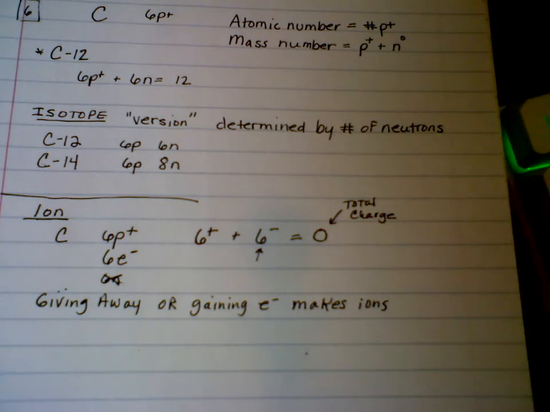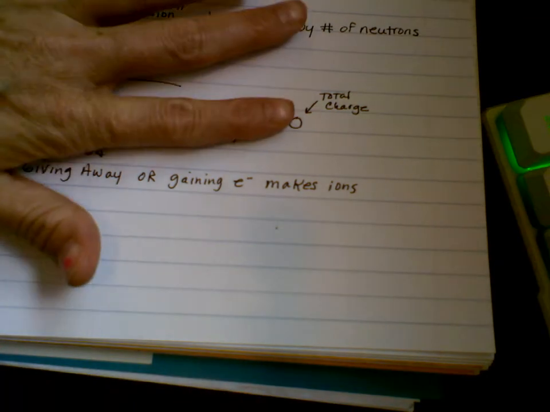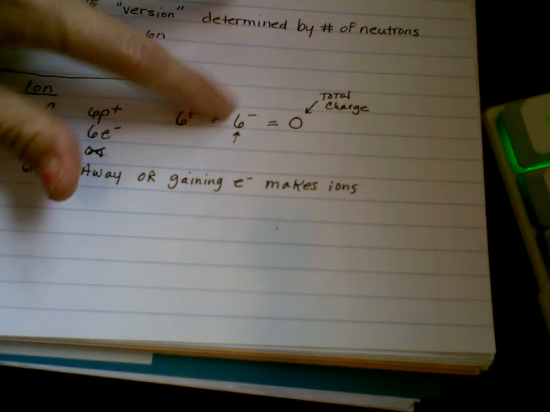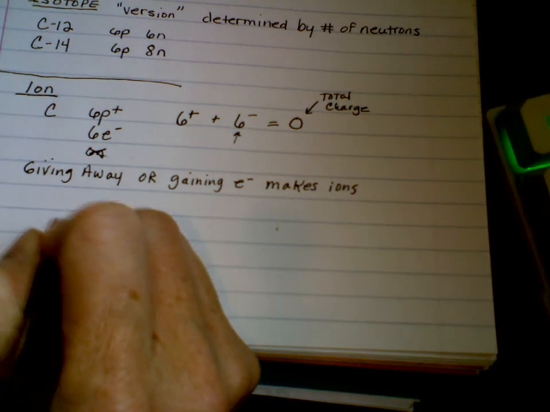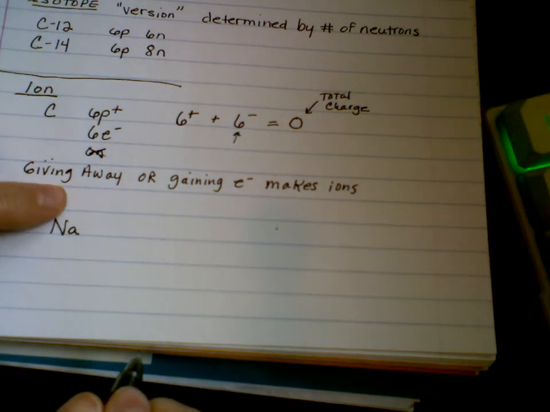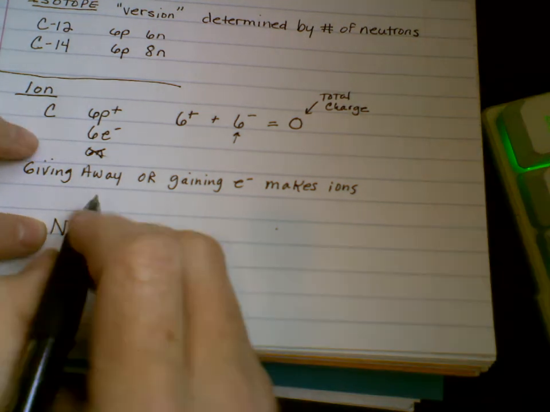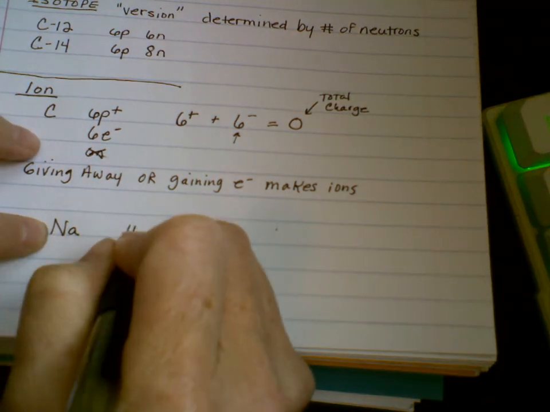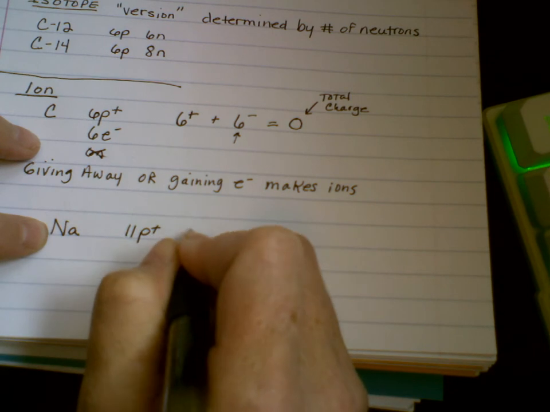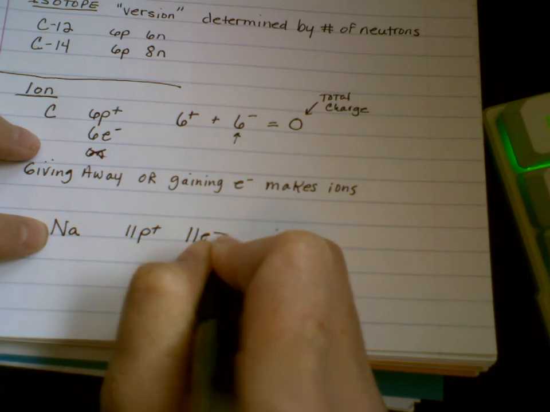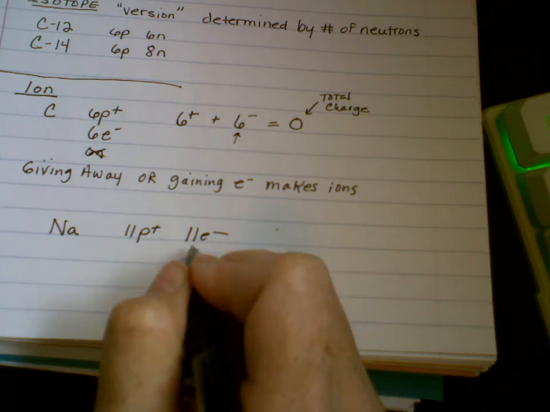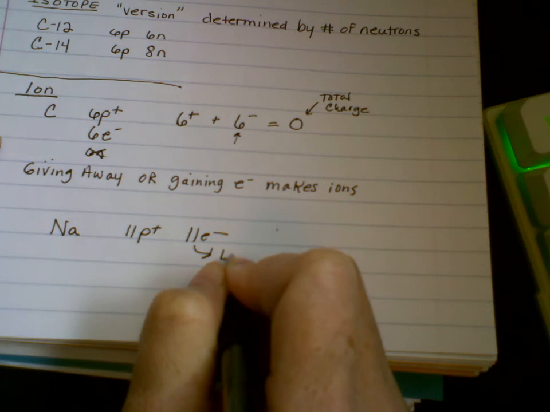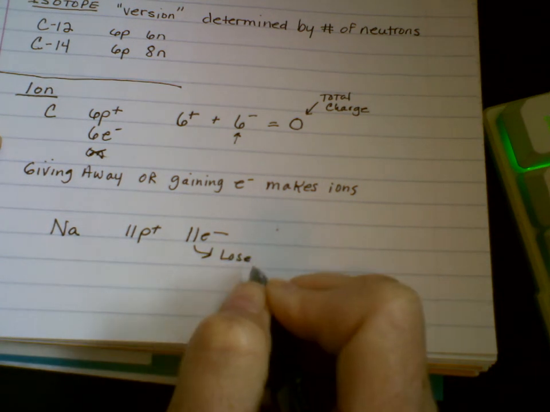Let me give you a real example, because carbon doesn't behave that way. But a real example is sodium. Sodium, believe it or not, has an abbreviation of Na. Sodium has 11 protons and 11 electrons. Now, typically, sodium loses an electron. It's going to give it away to something else.